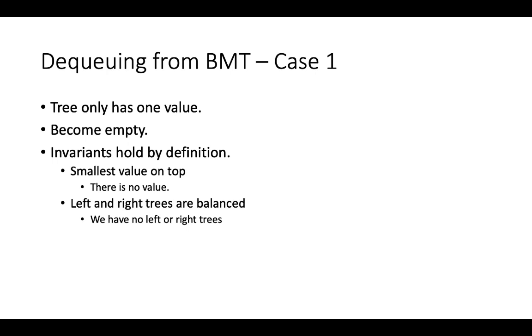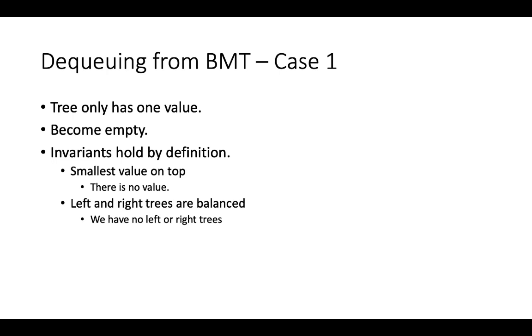Make all the fields that don't make sense equal to null. Make sure that our height is -1, because that's by definition the height of an empty tree. Make sure our size is set to 0, because that's by definition the size of an empty tree. So just turn ourselves into an empty tree, and then return the value that we took out.